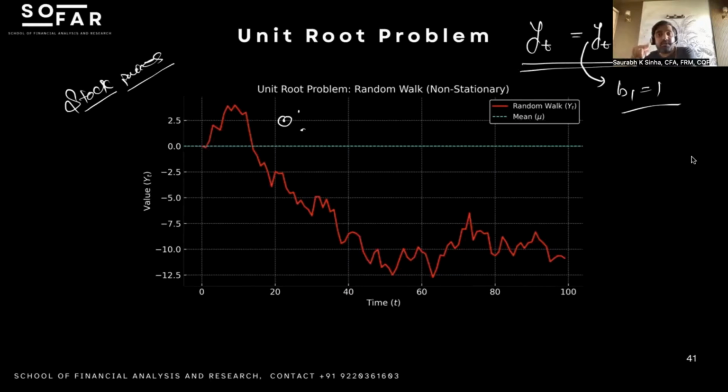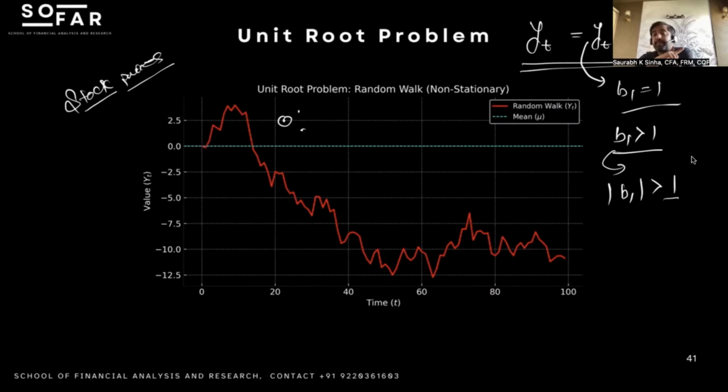Actually, when B1 is greater than 1, most of the time it is an explosive time series, which means that yt is continuously increasing. And if you write the modulus of B1 is greater than 1, it means either it is continuously increasing or it is continuously falling. So you apply what?